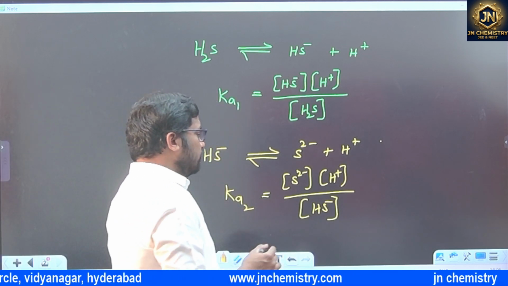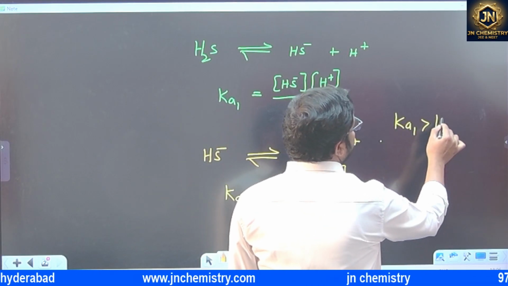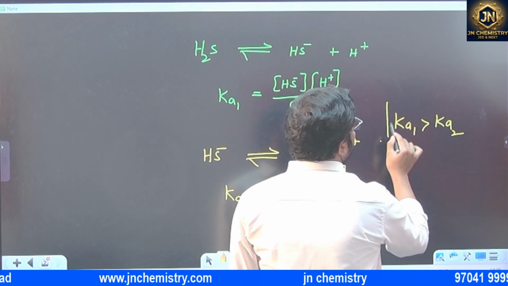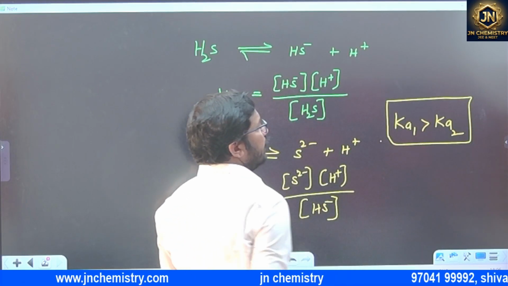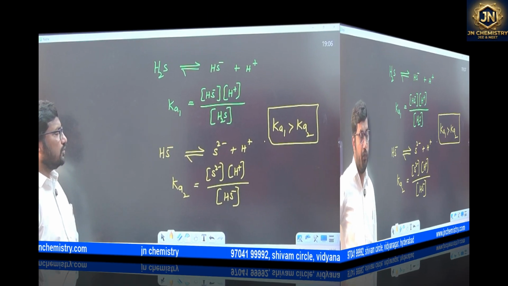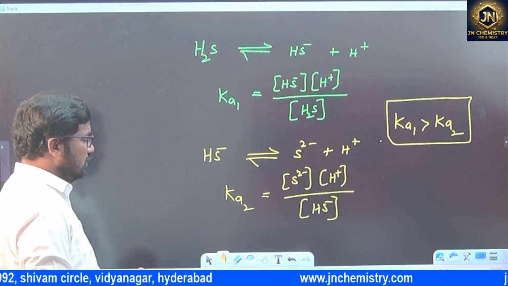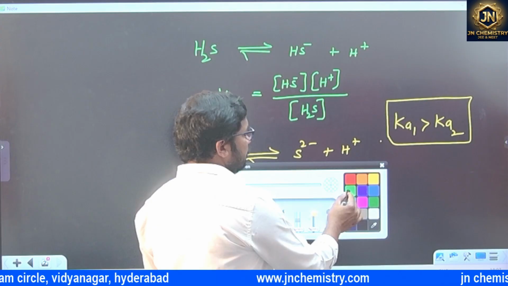Generally, the most important thing is Ka1 is greater than Ka2, and Ka3 is also there. We can write the Ka3 also.